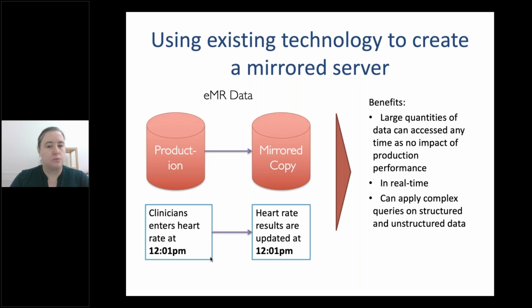It means that we can access really large amounts of data, so we can extract millions of records and it won't impact production. We can do complex queries across multiple tables, which also won't impact production. We've had some reports that have been built in CCL, which is the Cerner Command Language, that haven't been able to run because they're too complex. So we've now been able to run those queries.